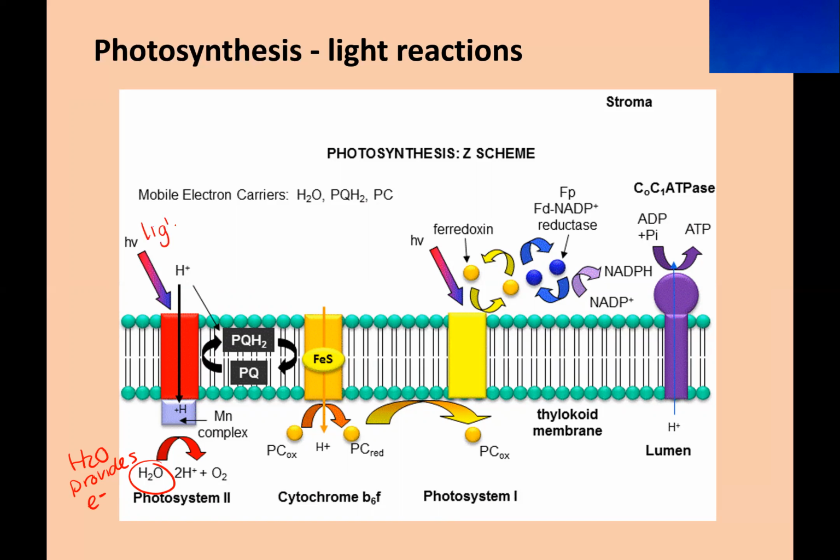Light provides the energy to energize the electrons. And we have these two photosystems, photosystem 2 and photosystem 1. And so what's happening first is electrons are getting dropped off from water in photosystem 2.